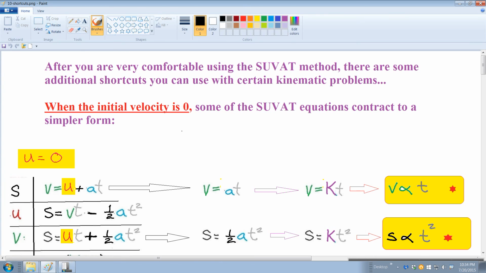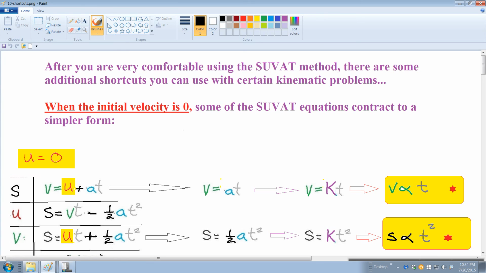But what I have found is that students will learn shortcuts for specific types of kinematic problems, but they really don't have the fundamental tools to solve virtually any kind of kinematic problem. The SUVAT method, if you get really good at it, can address any kind of kinematic problem.